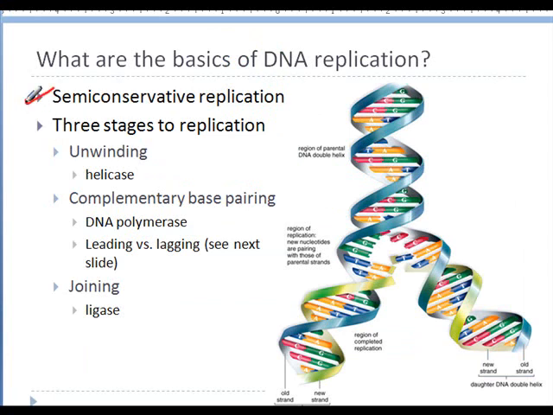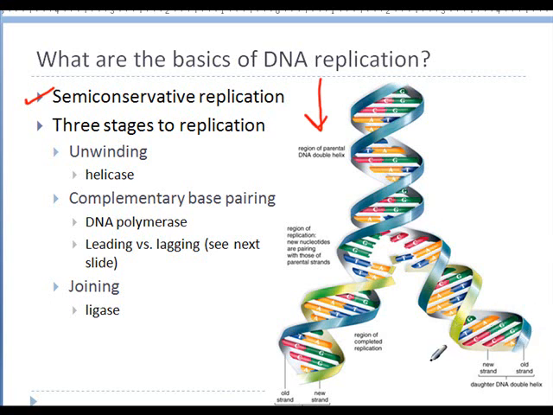Now, the term semi-conservative is used because one of the strands is the old strand, which is conserved, or present in the new daughter cell, and the second, complementary strand is the new strand. So for example, up here you can see how the double helix is shown, and the blue strand is the old strand, which is now separated more like a zipper.